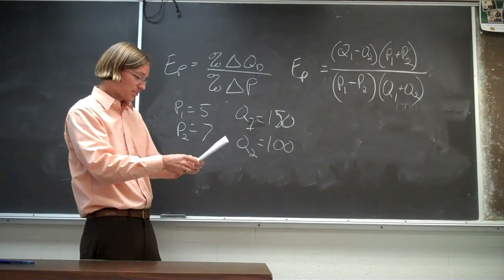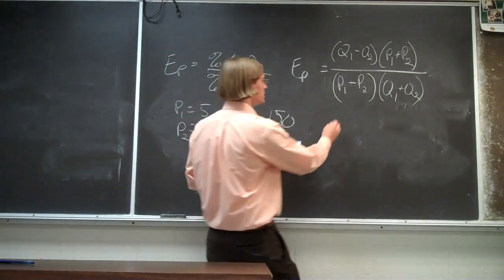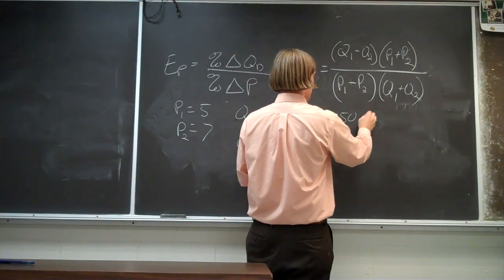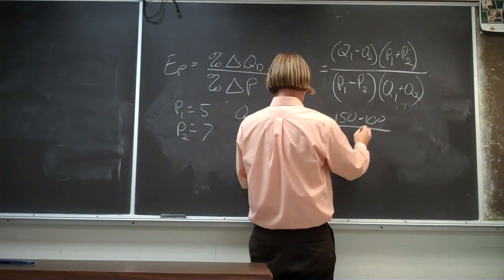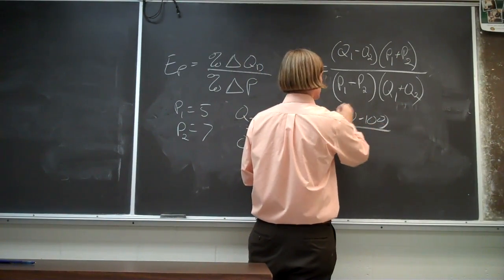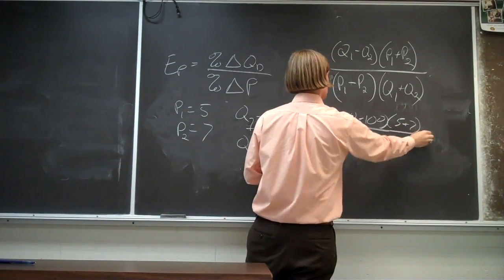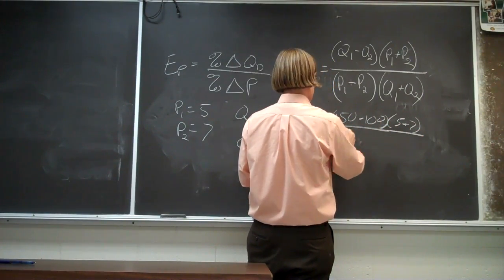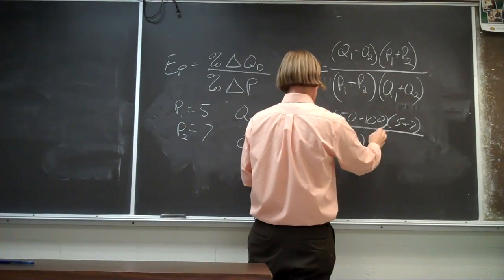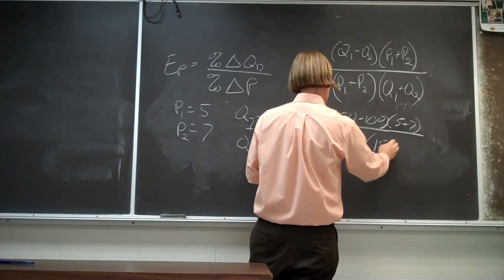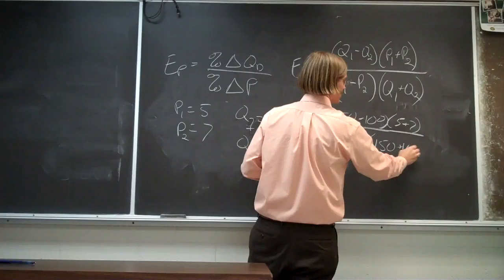So if you plug these numbers in, you should get 150 minus 100 times 5 plus 7, over 5 minus 7 times 150 plus 100.